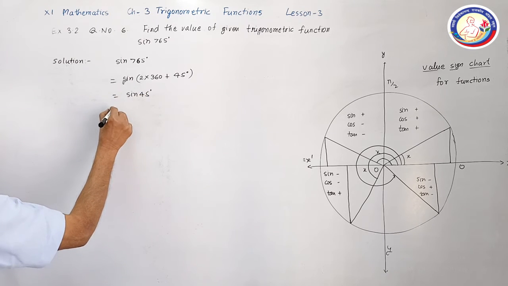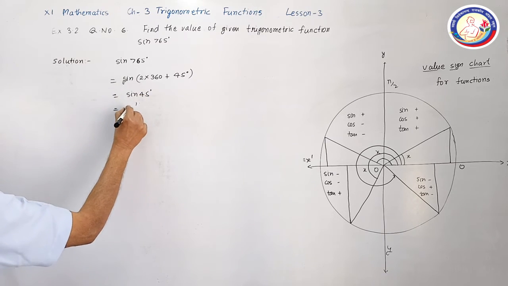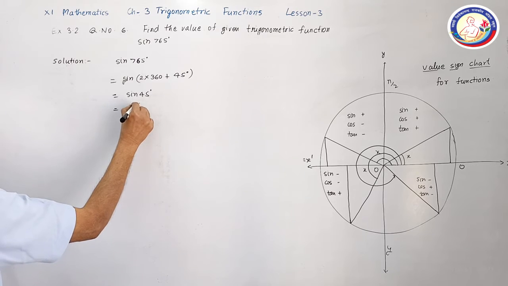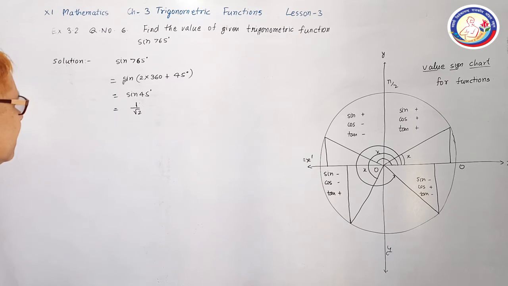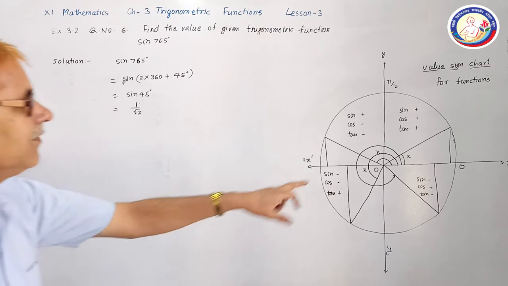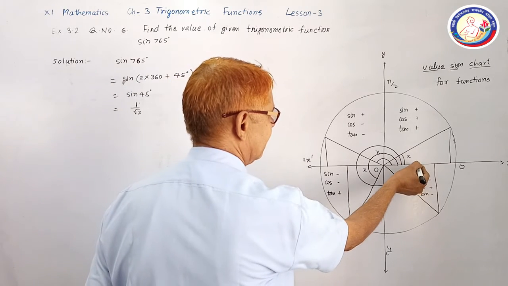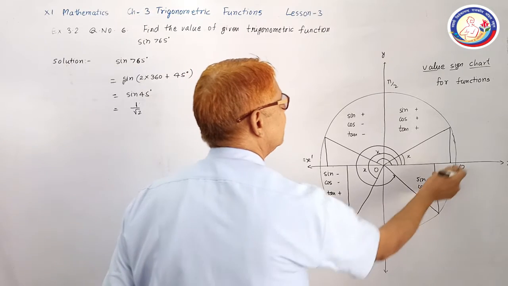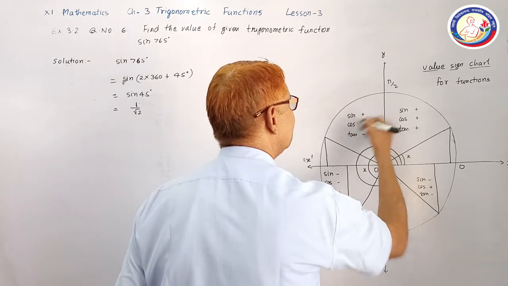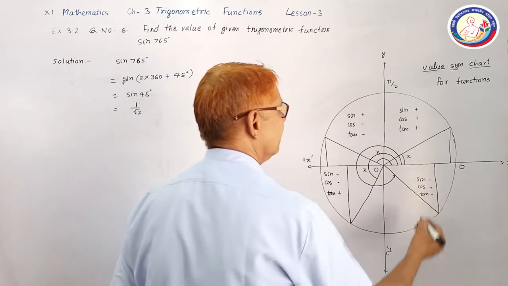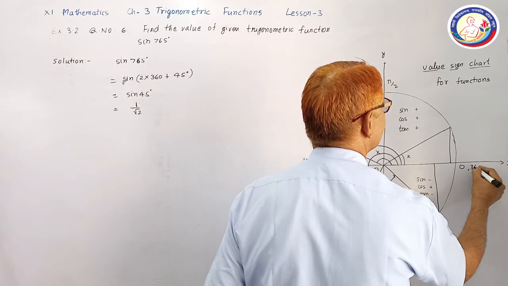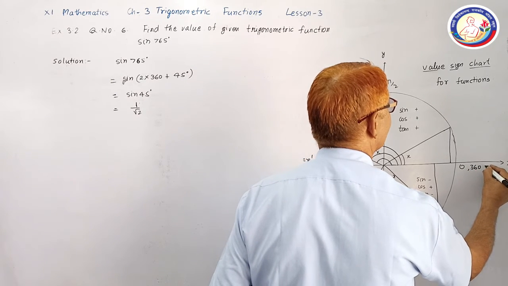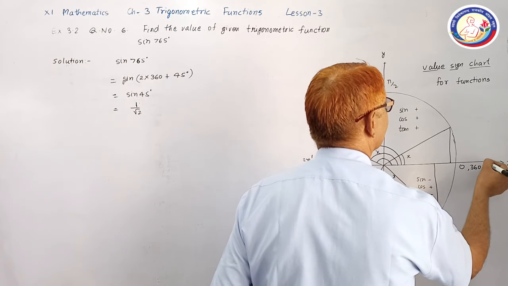And what is sine 45 degrees? It is 1 by root 2. In other words, it will be in the first quadrant. See here: 0, 90, 180, 270, 360, and plus 360, that is 720. It is 0, 360 and 720 degrees.